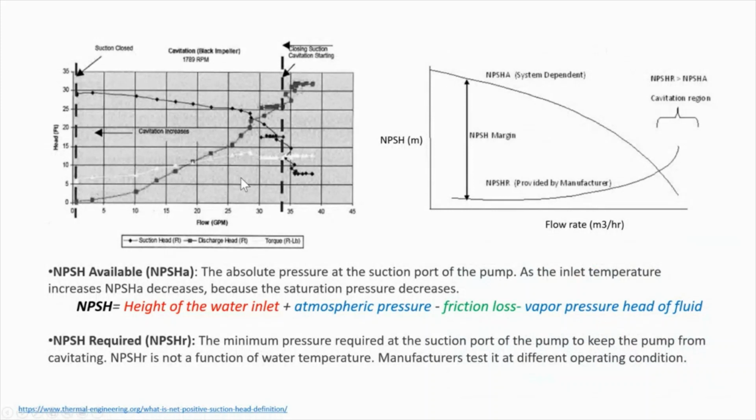Okay, so before learning the methods of preventing it, it's important that we understand these two parameters: NPSH available and NPSH required. What's NPSH? It's net positive suction head. What's available?